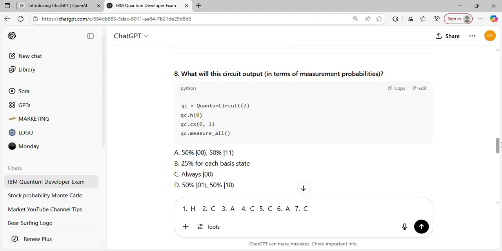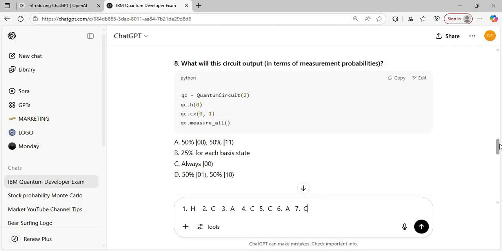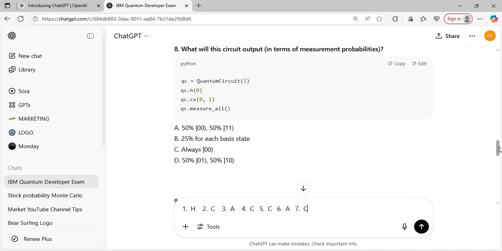Alright, what will this circuit output in terms of measurement probabilities? There are two qubits. The Hadamard is on qubit 0, then a CX gate with the control on 0 and the target on 1, then measure all. 25% for each basis state?